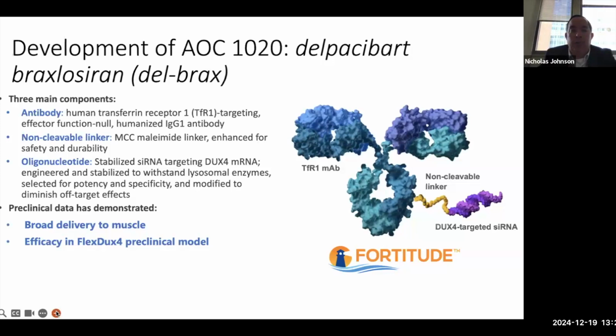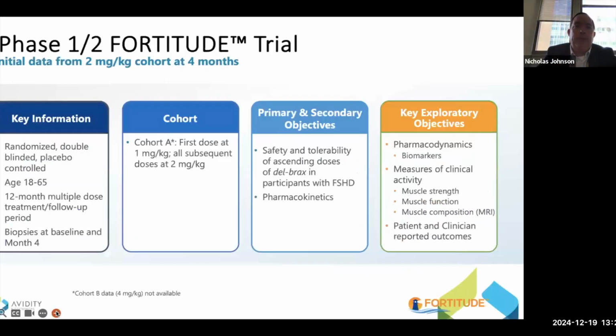And so people need to do something to help your muscles take the RNA up. And this is one way to do that. So that's using the transferrin 1 receptor, which is in charge of metabolizing your iron, to deliver that silencing RNA into the muscle. So clearly in a mouse model, there's broad delivery to muscle, and there's clear efficacy using the same kind of preclinical model.